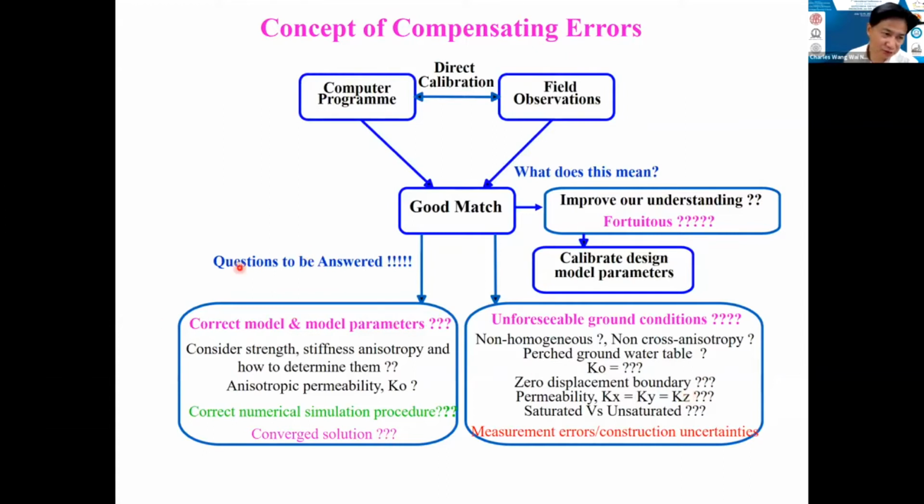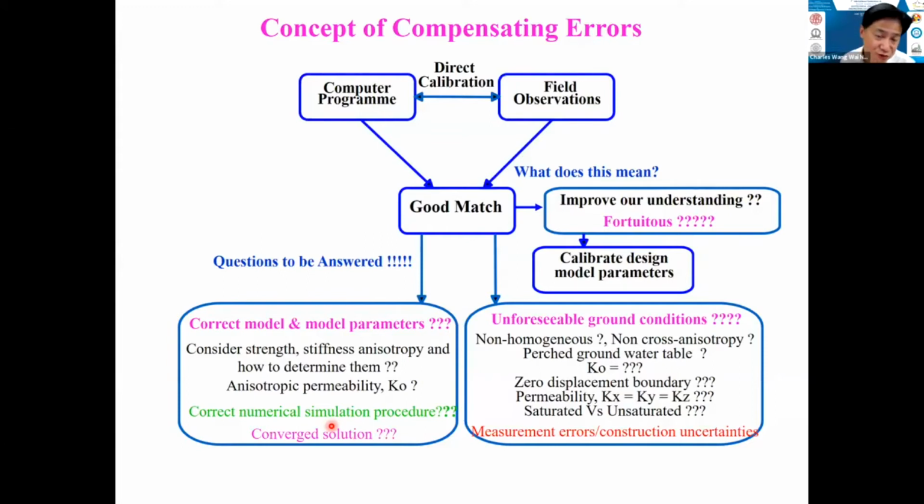On the numerical modeling side also, very often we assume stress and strength, strength and stiffness, are isotropic. Very often we ignore anisotropic phenomena in our modeling, right?